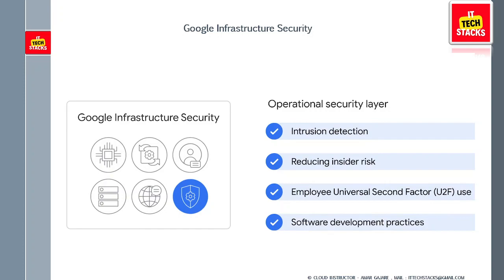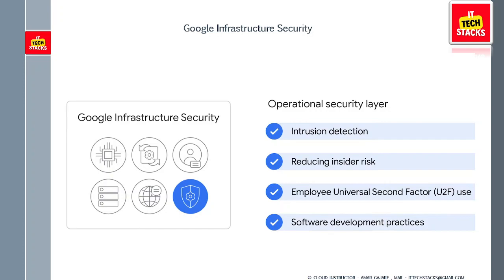There is a proper software development practice Google maintains, with review mechanisms. Google also provides developers libraries that prevent them from introducing certain classes of security bugs. They have predefined libraries to mitigate security bugs.